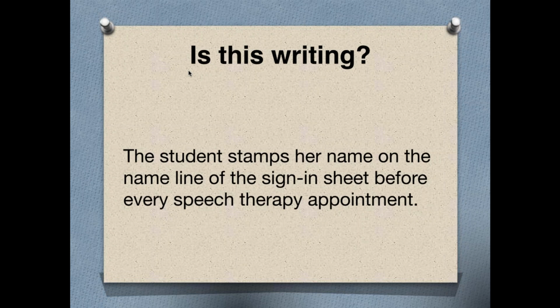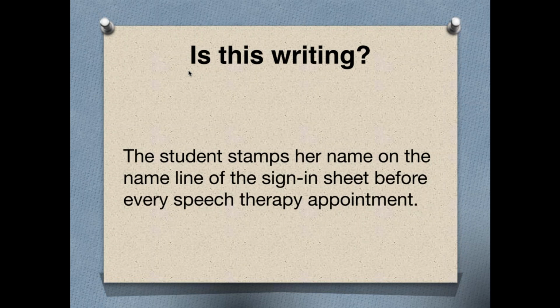So where stamping can be really powerful is students who will never have the motor control to be able to hold a traditional pencil, traditional marker, and they want a way to represent their name and they want it to look correct, right? So if that's who your student is, they know what name writing is, but they don't begin to have that motor skill to be able to access traditional writing tools, then we can provide a stamp, and that's a legally recognizable form of signature in almost any jurisdiction.